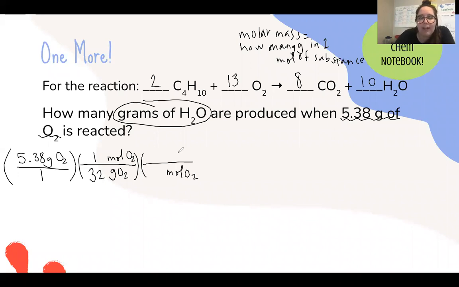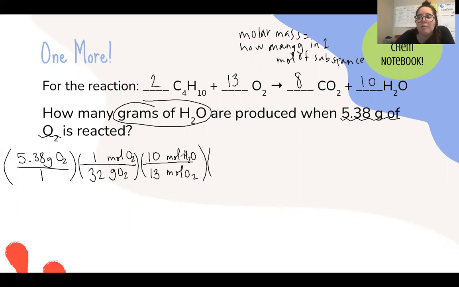And moles of H2O on top. So now I need to go to my balanced chemical equation and plug in my coefficients for my molar ratio. So I know that there are 10 moles of water in this equation because 10 is my coefficient for water. And I know that there are 13 moles of oxygen in this equation because 13 is my coefficient for oxygen.